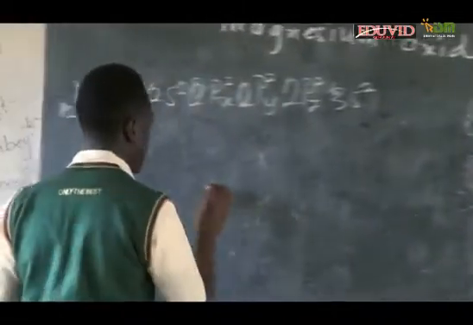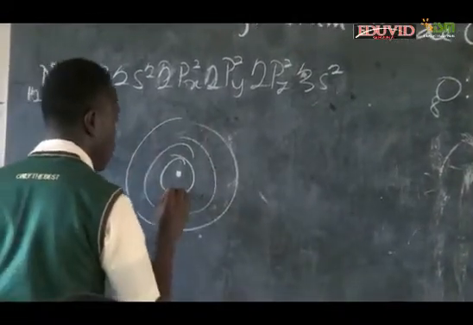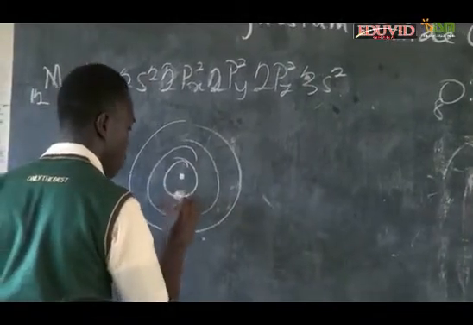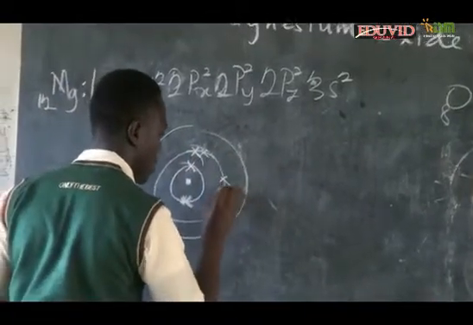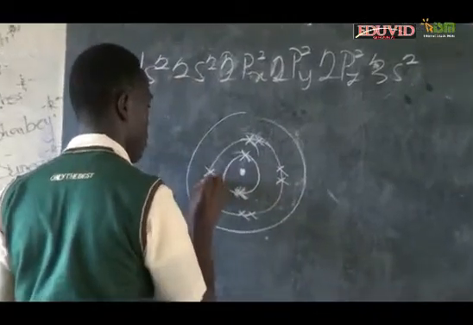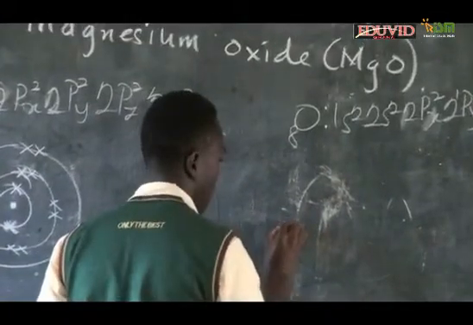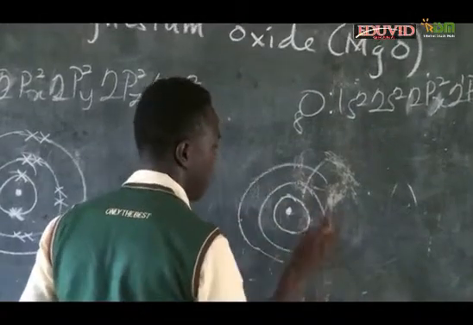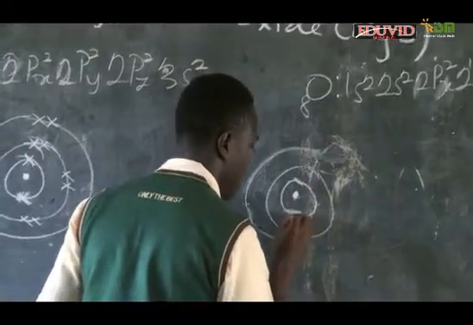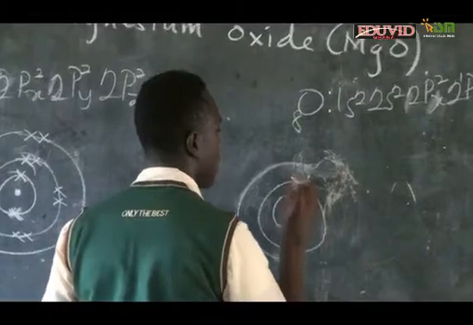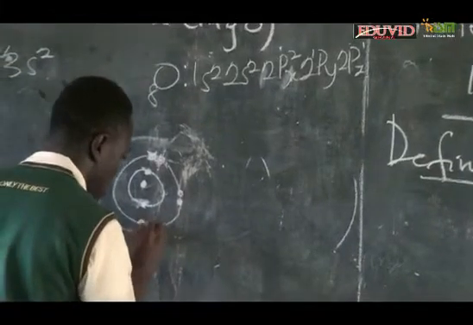So now, let's take the magnesium. This is the nucleus, drawn like a cross, and this has 2 electrons in the outer shell. Then oxygen has 2 and then 6.